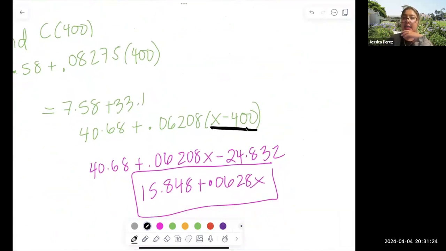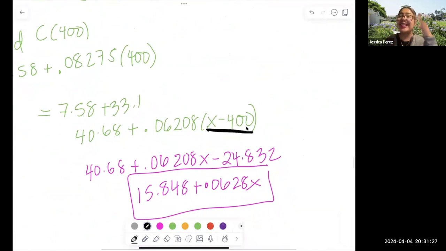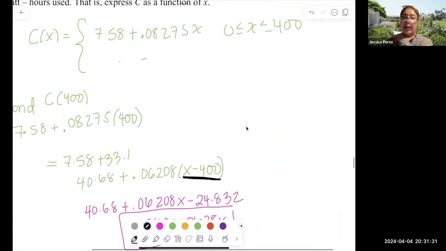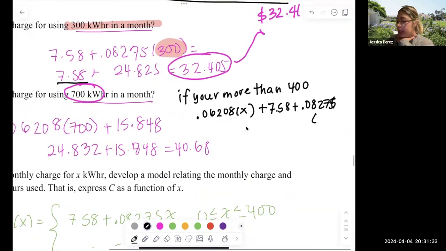Where did I get this X minus 400? Because you are exceeding. We want to know how much you are exceeding it by. So here you could do X minus 400.